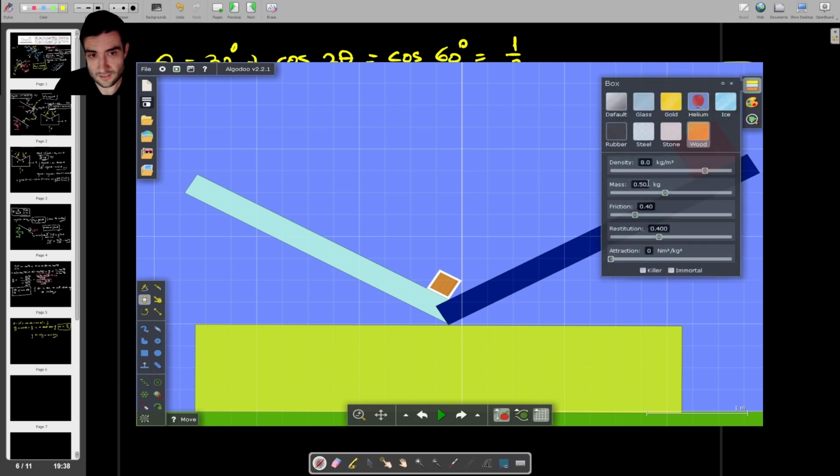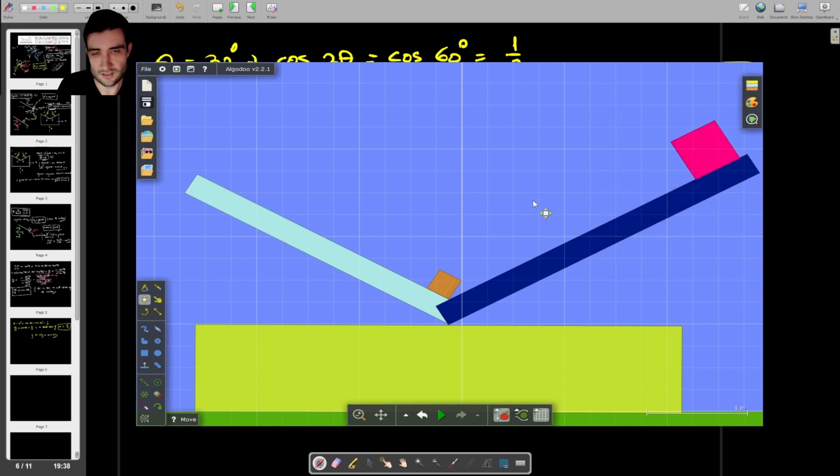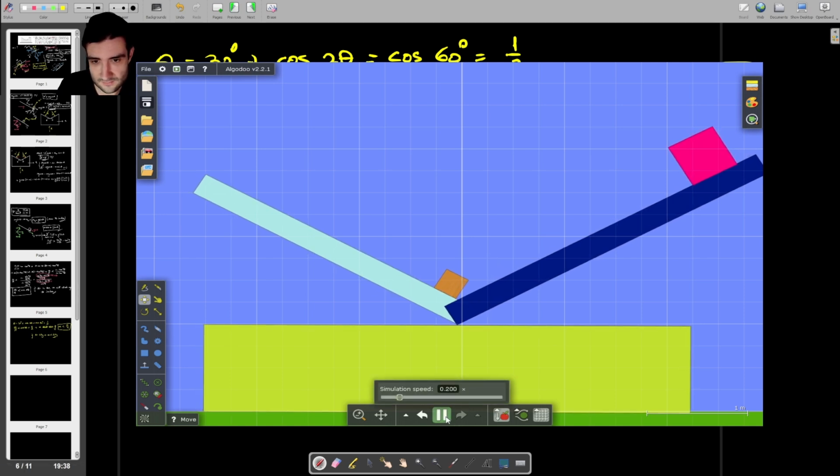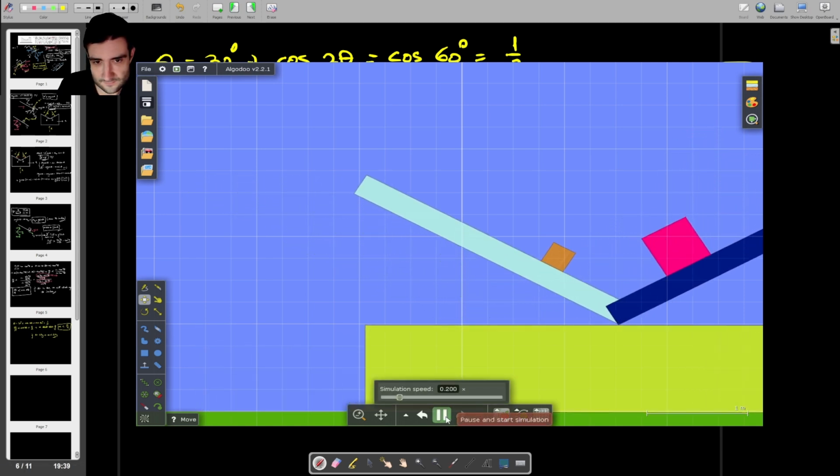So I can make this one 2 and make this one 10. And if I run it, you're going to see that this one will accelerate up the incline very fast. So yeah.